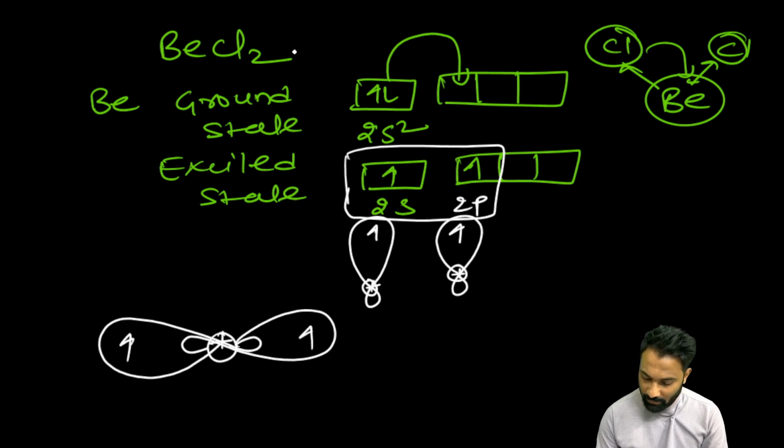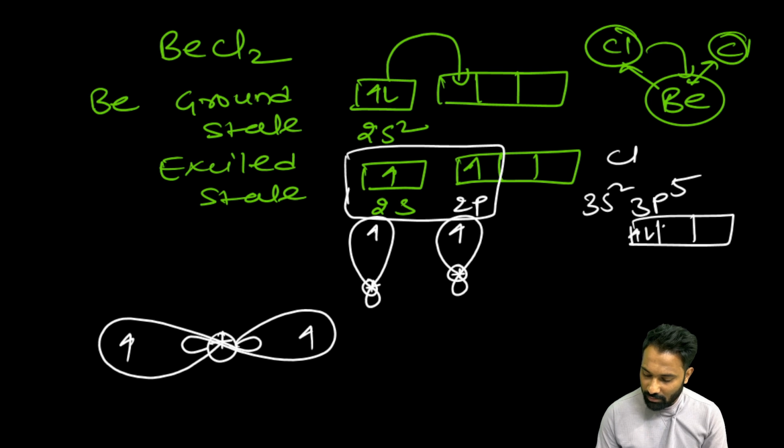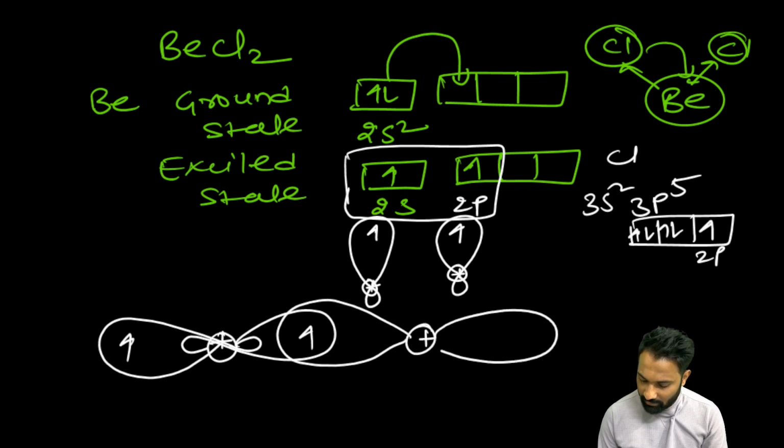And chlorine has 3s2 3p5, right? One unpaired electron of the chlorine will be present in one p orbital. So the p orbital will be a dumbbell in this manner.